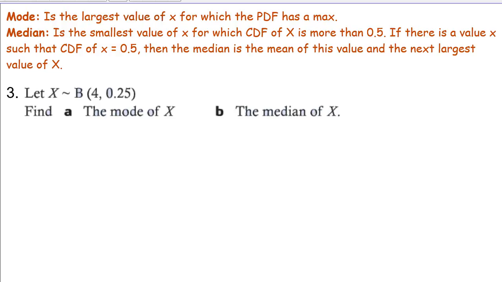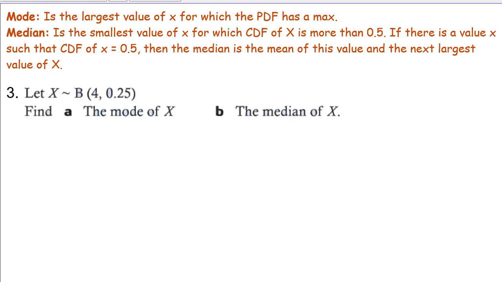Next question. In a binomial distribution, the mode, just like when we looked at discrete random variables, is the largest value of x for which the probability distribution function has a maximum. The median is the smallest value of x for which the cumulative distribution function of x is more than 0.5.